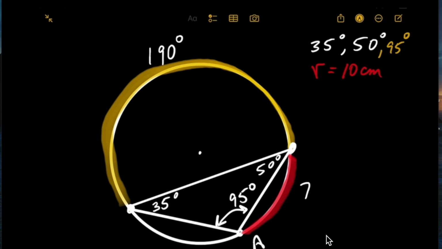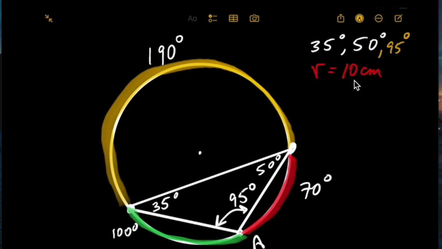This is 70 degrees of arc, and this final portion of the circle, which is opposite the 50 degrees, is going to be 100 degrees of arc. And when you add 190, 100 is 290, and 70, that's 360 degrees of arc.